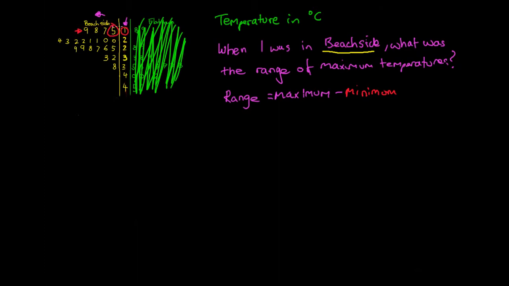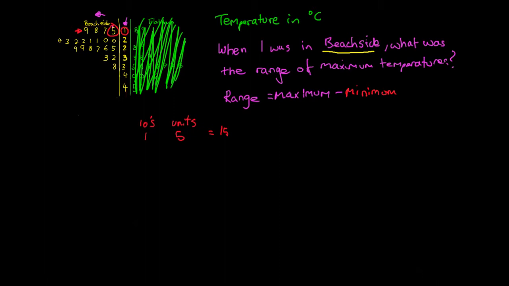So we have a 1 in the tens column and 5 in the units, so our smallest value, our minimum, is 15.